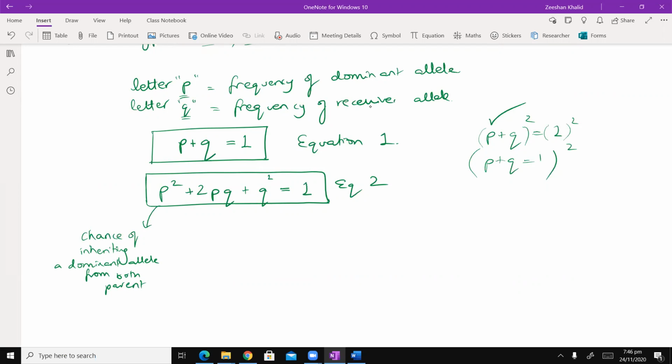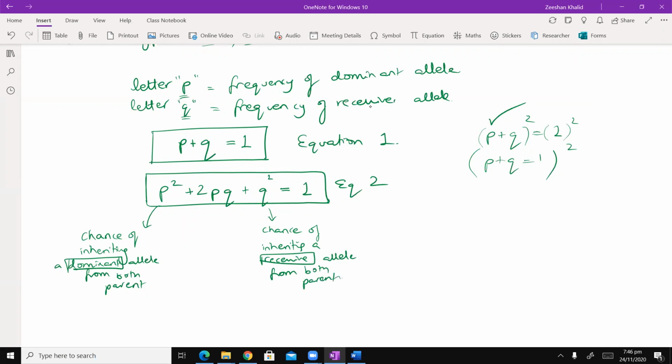And then q squared is again a chance of inheriting a recessive allele. क्योंकि q आपको ऊपर मैंने बताया is representing recessive allele, so q squared is chance of inheriting a recessive allele from both parents. ठीक है जी.